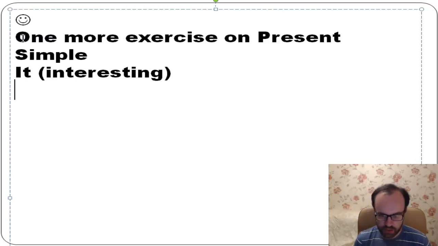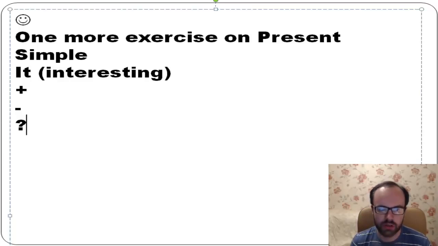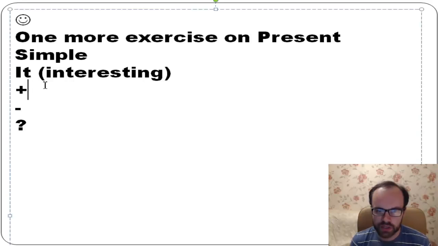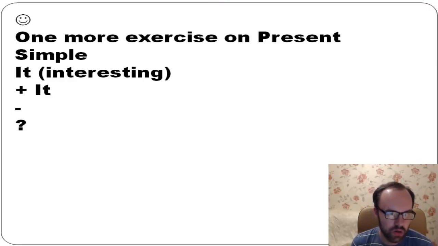Say it in a statement, in a negative form and in a question. So how will you say it? Do you need the form to be? You know that we have a rule.